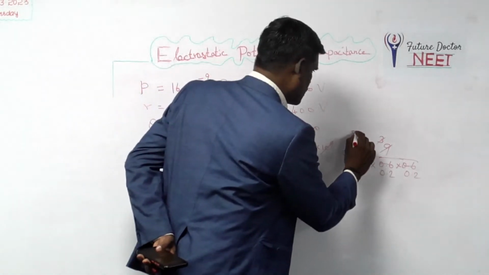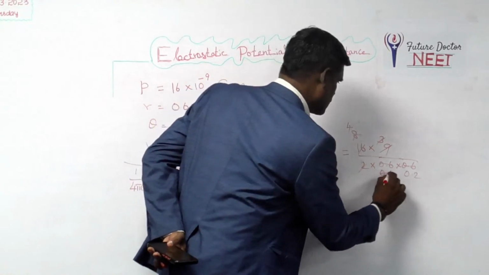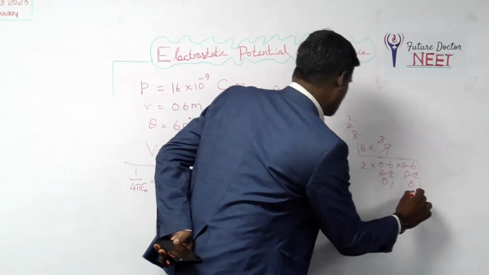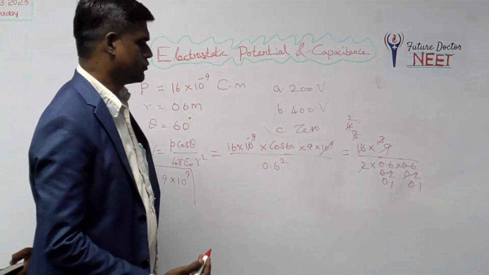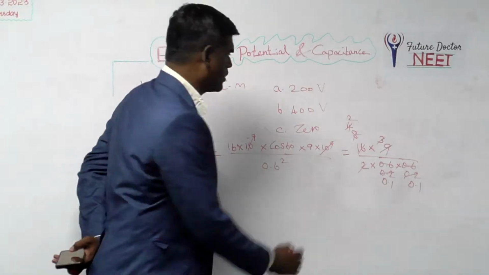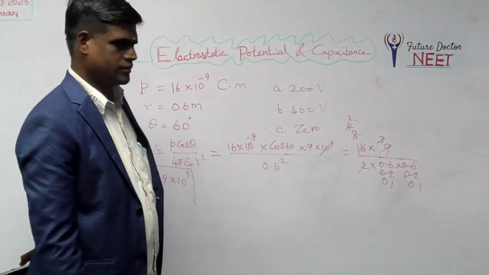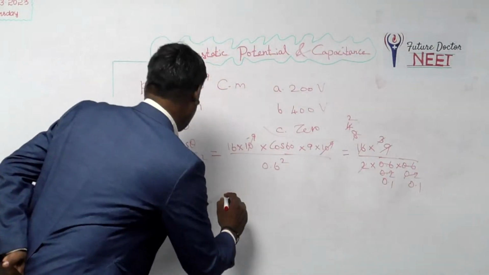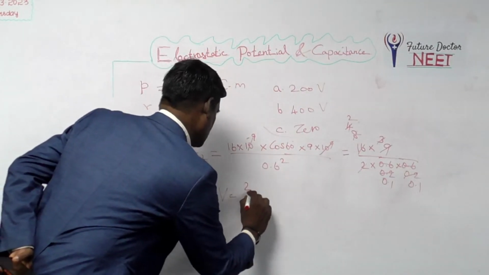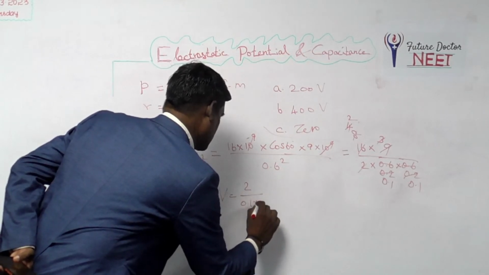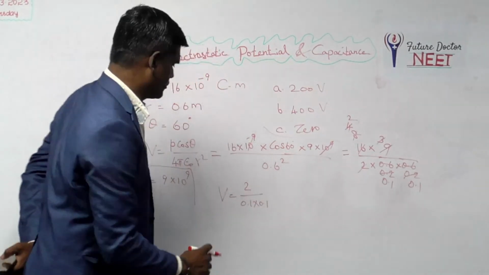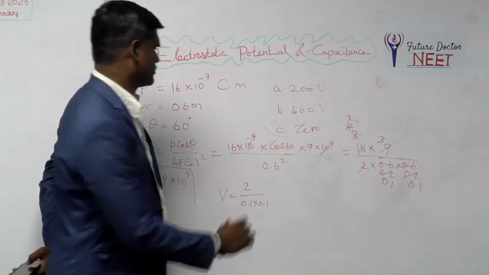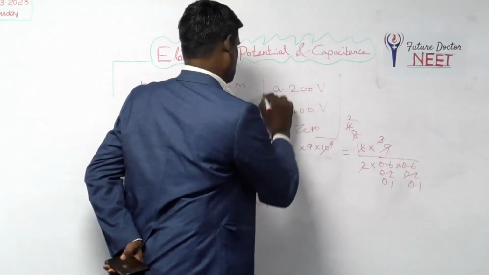And 2 4 8, 2 12, 2 24, 2 12. 2 is there. 2 by 0.1 into 0.1. Now V equal to 2 by 0.1 into 0.1. That you want to simplify. This is the option.